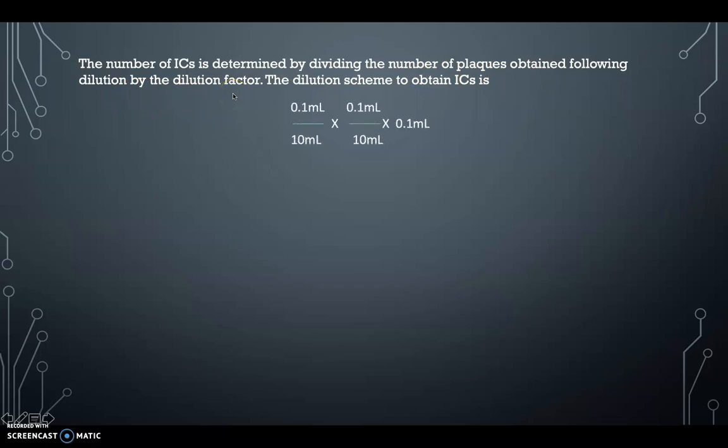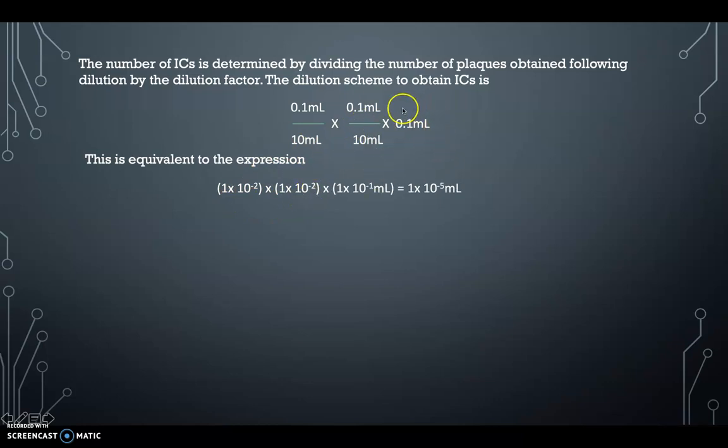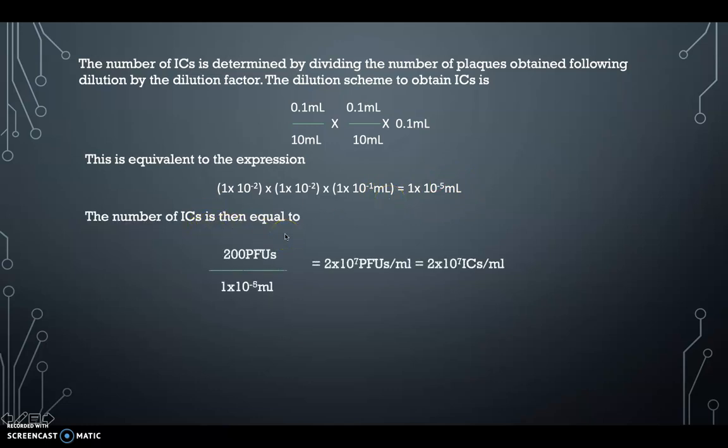The dilution is expressed as 1 × 10^-2, also 1 × 10^-2, and the plating amount is 1 × 10^-1 ml. Totally it is expressed as 1 × 10^-5 ml, and the number of ICs is then equal to 200 PFUs divided by 1 × 10^-5 ml.